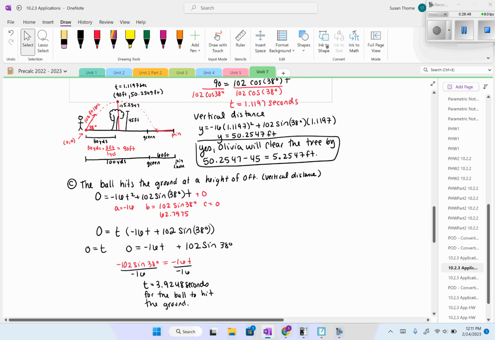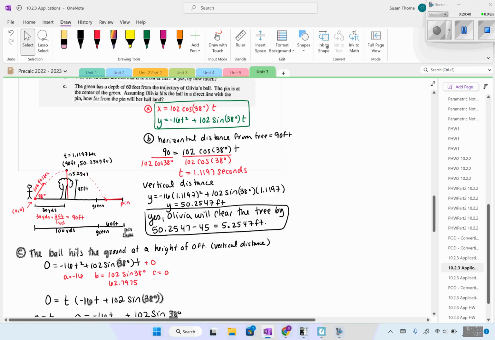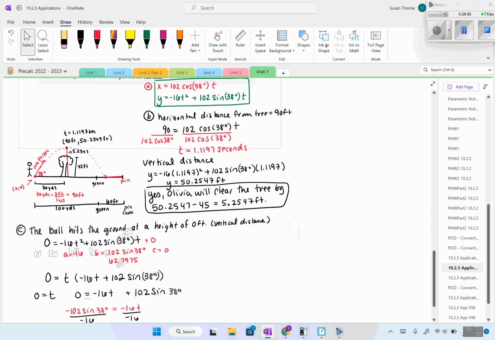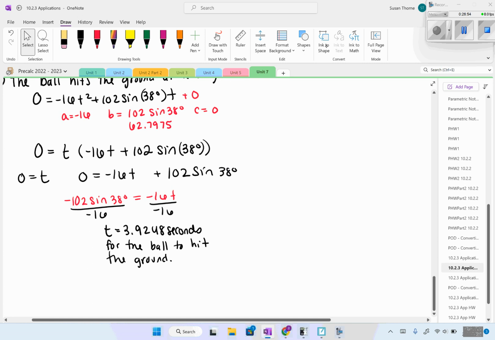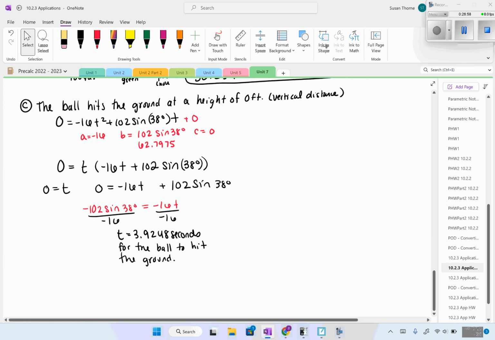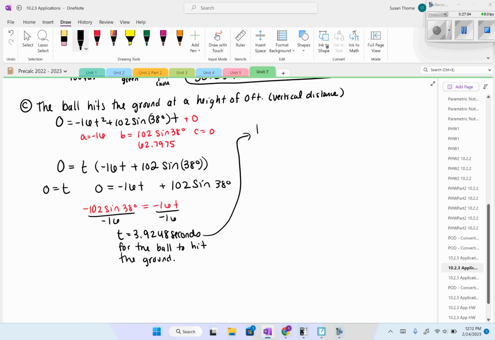And again, it says, how far from the pin will the ball land? So if we know that's how long we're in the air, then we need to take the time and plug it into our horizontal distance.